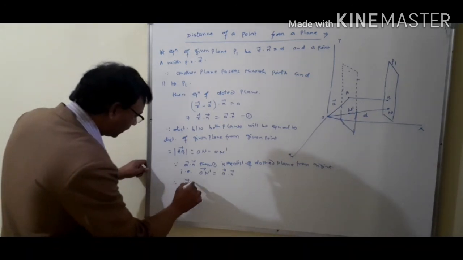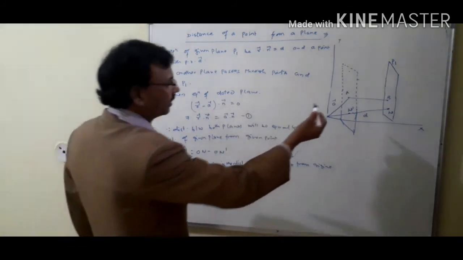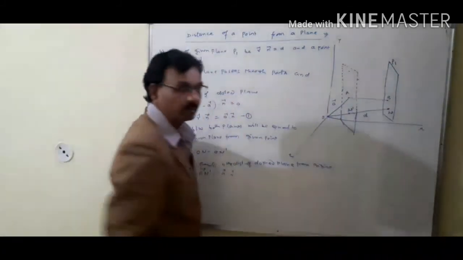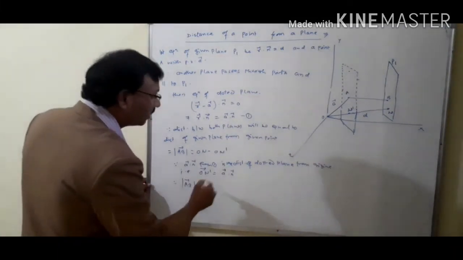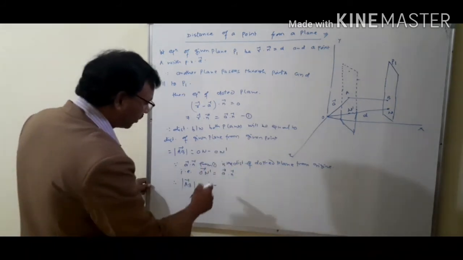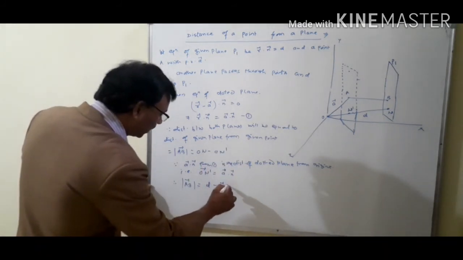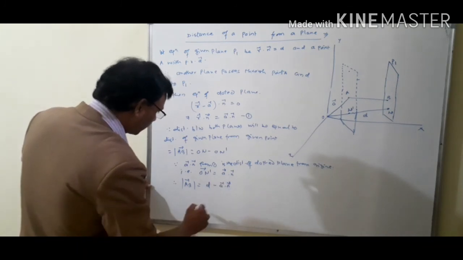Therefore AB, that means the distance between the point and the plane, will be equal to ON, meaning D, minus ON dash, meaning A dot n, in the vector form.